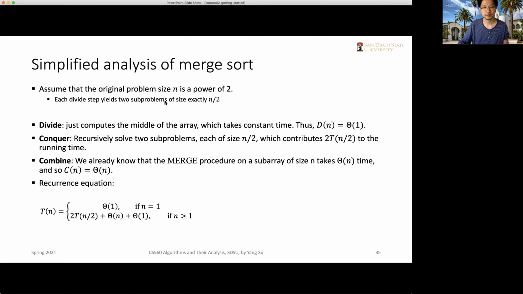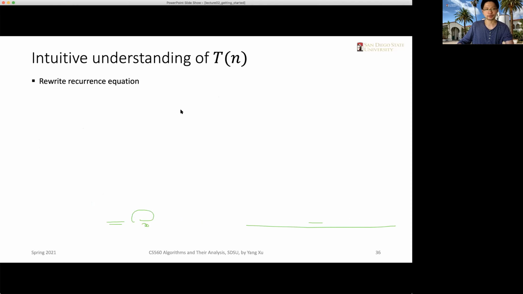Now let's further simplify it, which can be written into this one, because we can ignore the lower order terms, right? We compare it with the linear term. This lower order term is simply insignificant. All right. So that's how we get to the recurrence equation for merge sort.